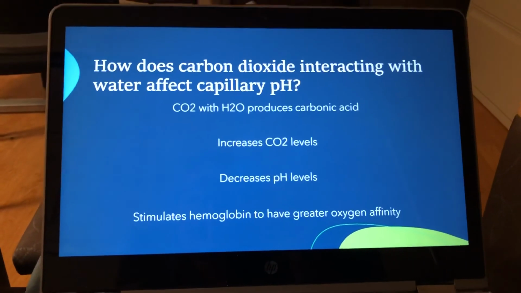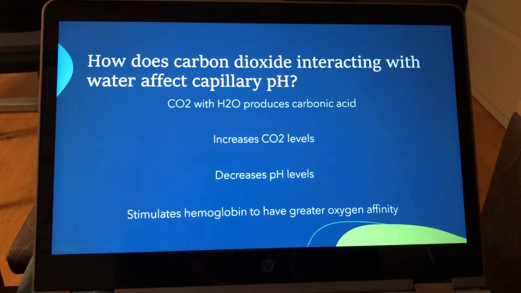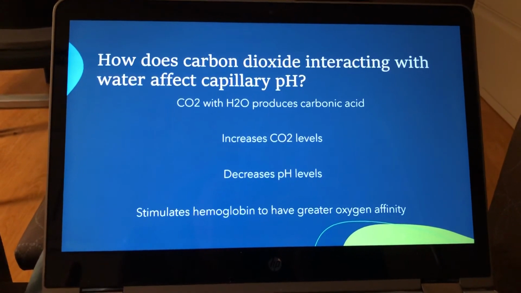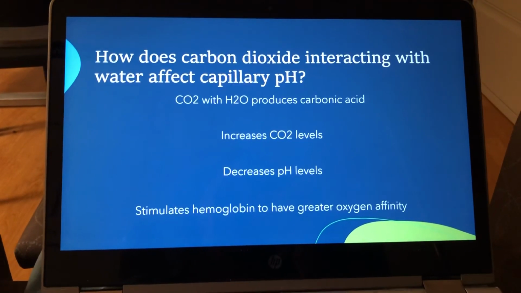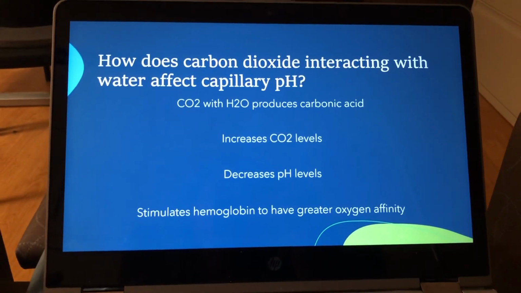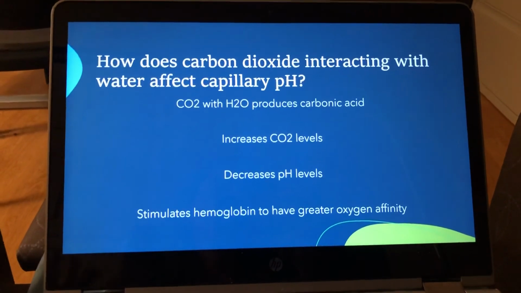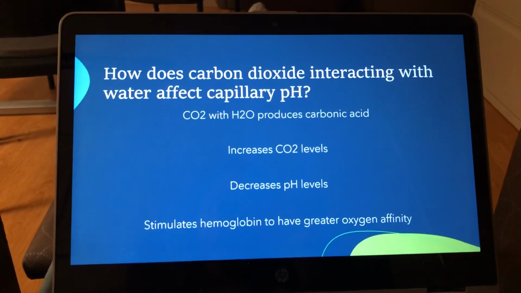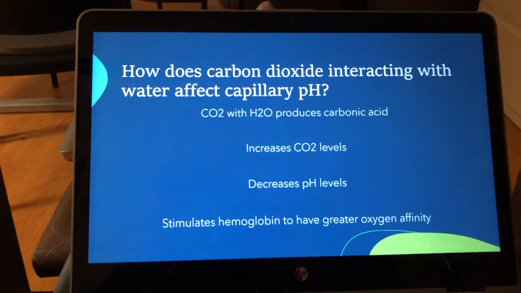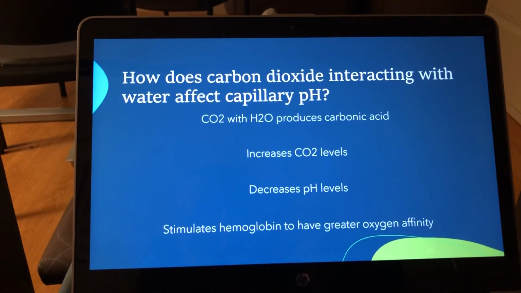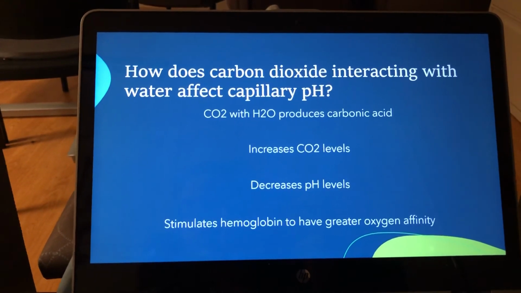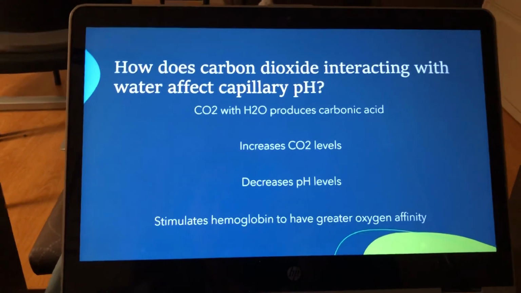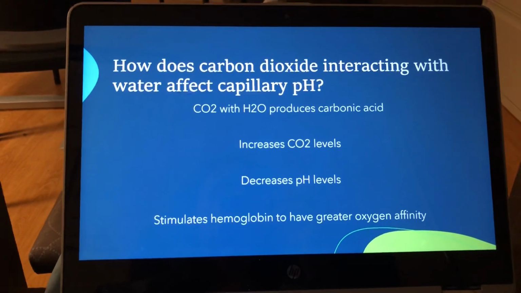And like we previously talked about, decreased pH stimulates this response with 2,3-BPG and with hemoglobin, and stimulates hemoglobin to have that greater oxygen affinity and hold on to those oxygen molecules more stringently, and essentially the whole process is repeated. So the hemoglobin is going to pick up more oxygen molecules, and 2,3-BPG is going to say when it should drop the molecules, and the whole process just repeats itself.